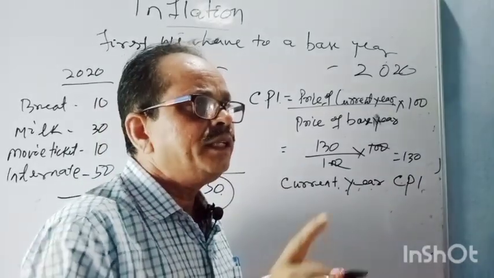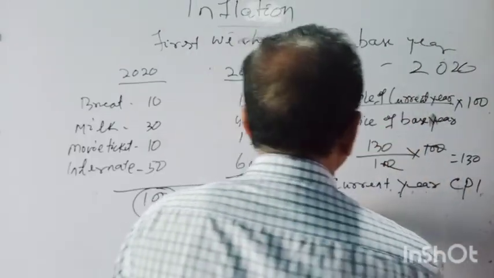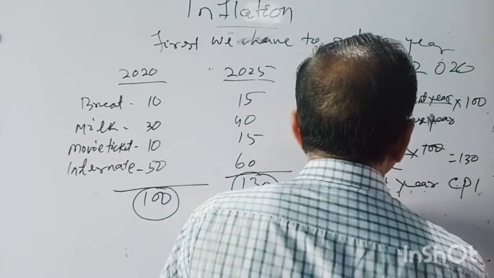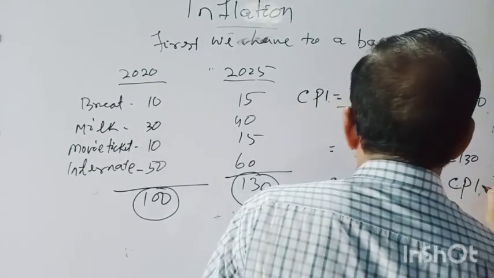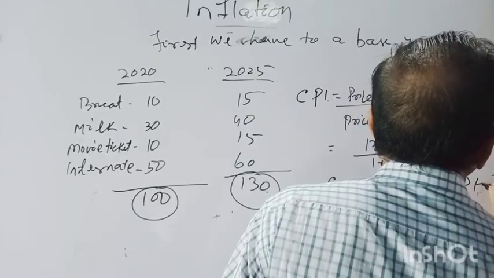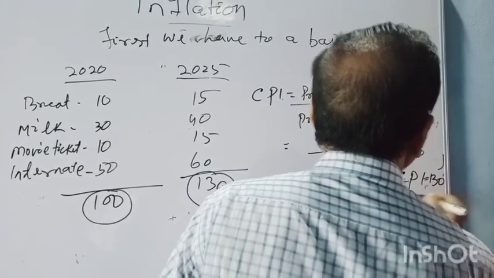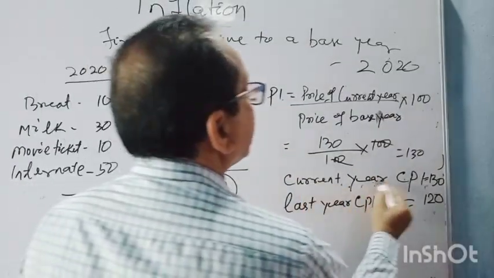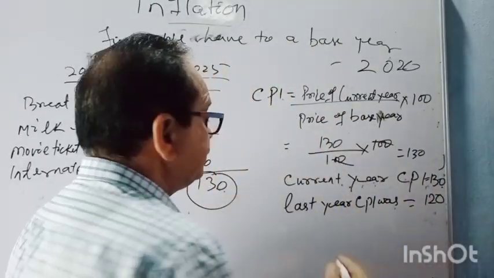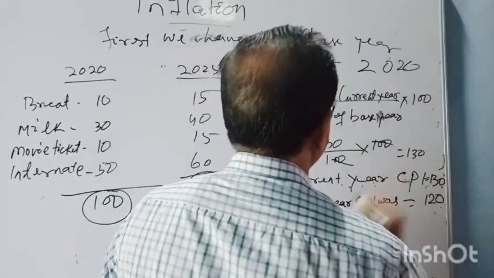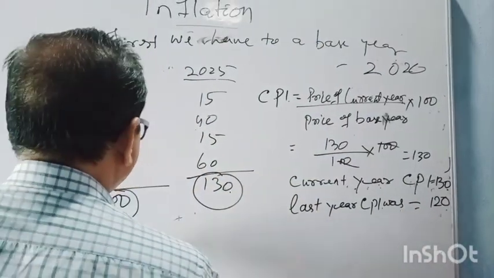Suppose last year the CPI was 120. Current year CPI is 130, previous year CPI was 120. Now we can calculate the inflation rate.